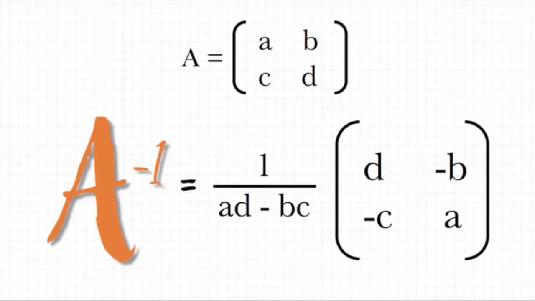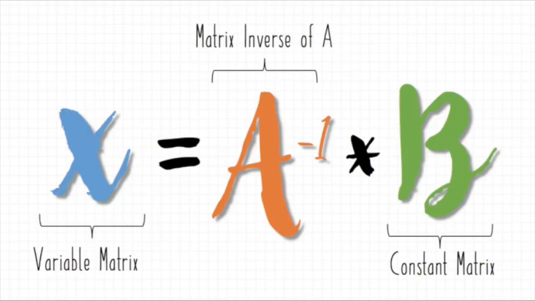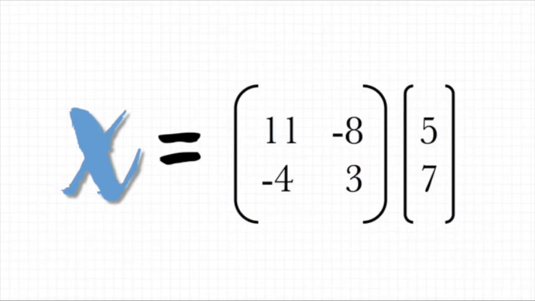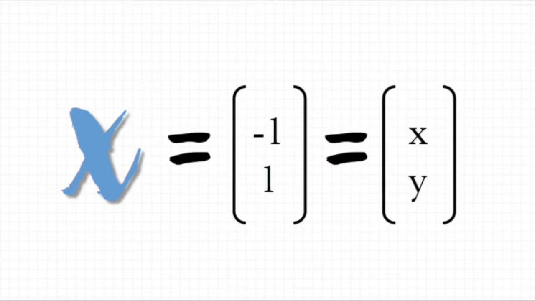Using this handy little formula for a 2x2 matrix, we can solve for the inverse of matrix A and thus solve the system. Now we can substitute the matrix inverse of A into the following formula and get the variable matrix. We multiply the matrix inverse of A and the constant matrix to get the values of X and Y. From this, we solve that X is equal to -1 and Y is equal to 1.